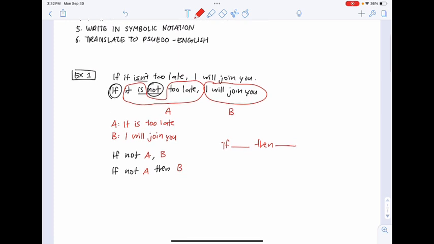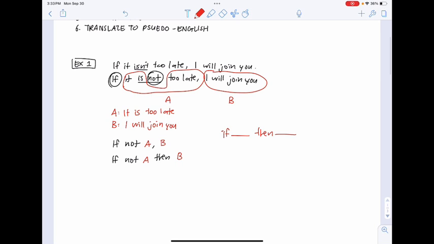I'm going to write this into symbolic notation, and if you remember, if something then something, that's referring to material consequence. And this is known as this symbol. It's also written as only if.